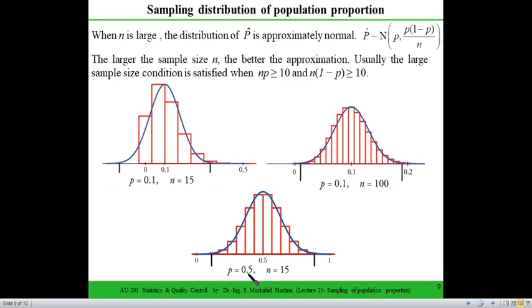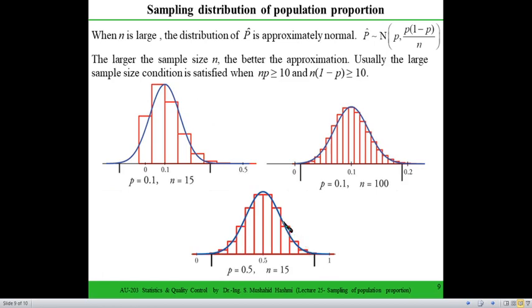We have already seen earlier in the binomial distribution that when your probability of success is 0.5, you have a symmetric distribution. If p is other than 0.5, either smaller or greater than 0.5, then you have an asymmetric distribution. So if you calculate 15 into 0.5, it comes out to be 7.5, which is somewhat closer to 10, so we can think it is close to a normal distribution.